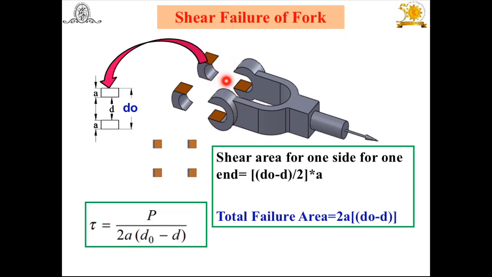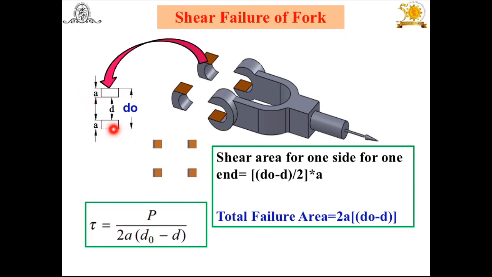Top eye you will get 2 shear areas, and bottom 2, total 4. Therefore first of all find out the shear area of each plane. Look at this: the thickness is a, the pin diameter is d, the outer diameter is do. You can see in this way, do outer diameter, inside d, and this is a.